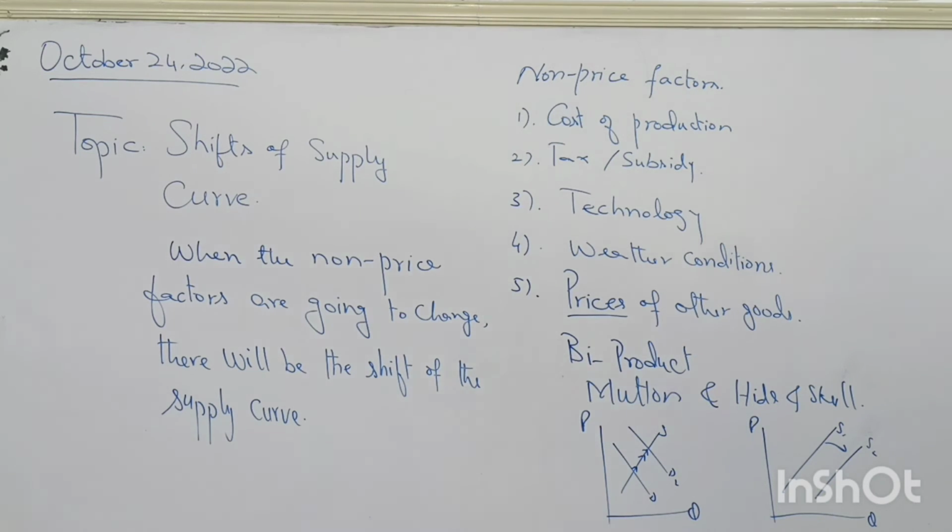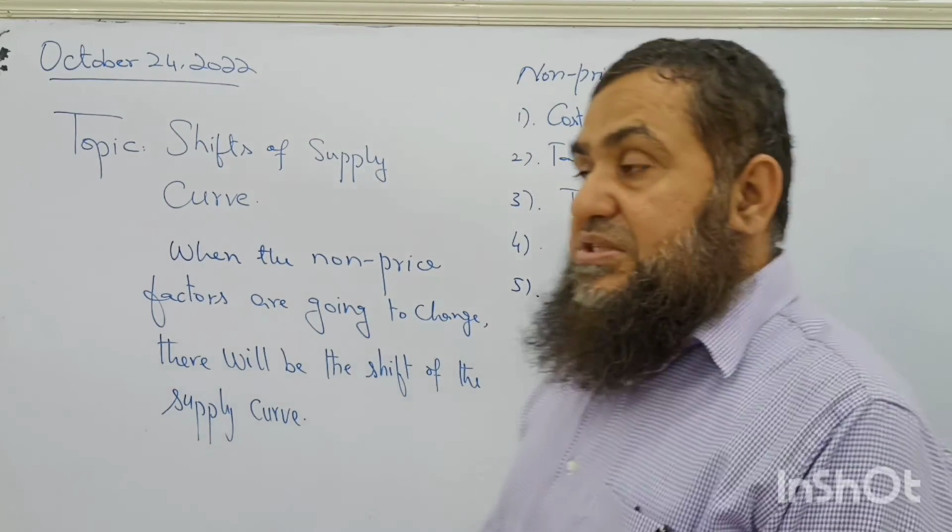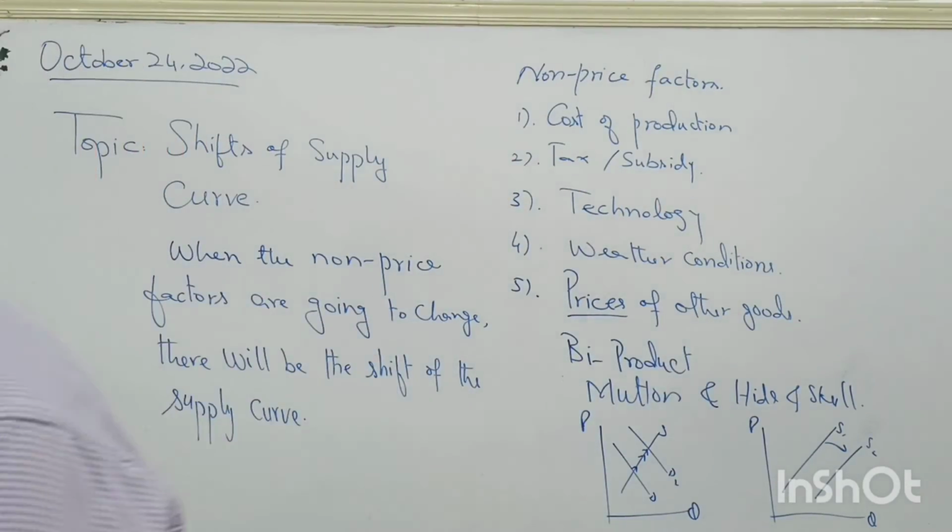When mutton demand is increasing, the supply of hide and skull will also shift rightward. So these are the different non-price factors which cause a shift in the supply curve. Clear? That's all for today, and tomorrow we will do the rest.